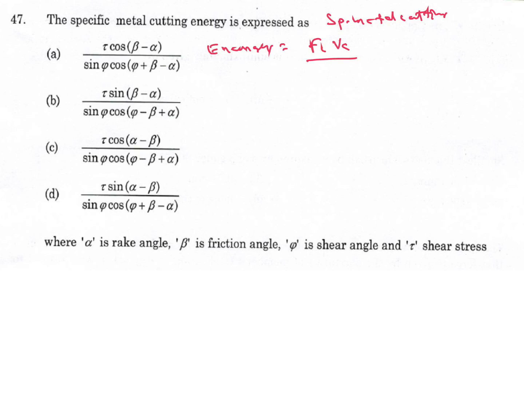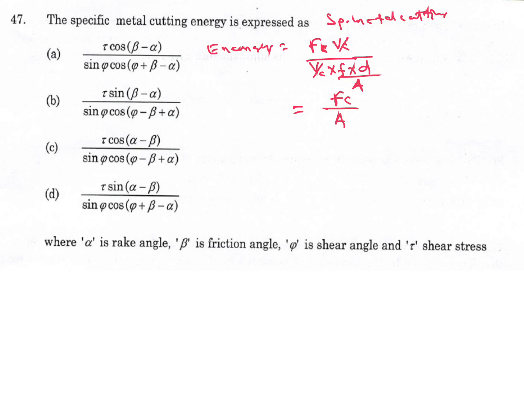So here MRR is your VC F into D, feed into depth. This you can also write in terms of the original area, A0. So it is FC divided by A. Then you have to draw the Merchant circle.